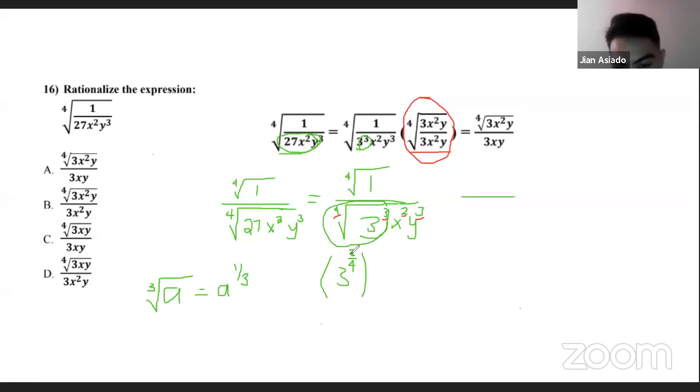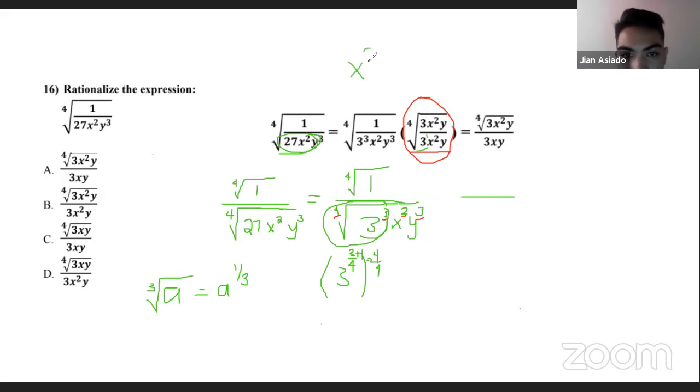So ayan, anong kailangan nating i-multiply para maging 4/4 siya? So kaya magdadagdag ka ng 3. 3 raised to 1, no? Pag 3 raised to 1, madadagdagan siya ng 1, so it's 4. And same goes with this one, sa x. So si x squared, anong kailangan mong i-multiply para maging x raised to 4?